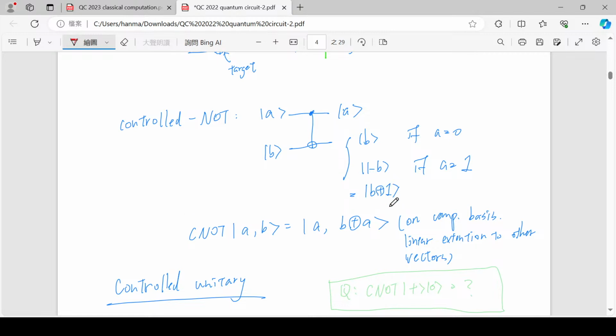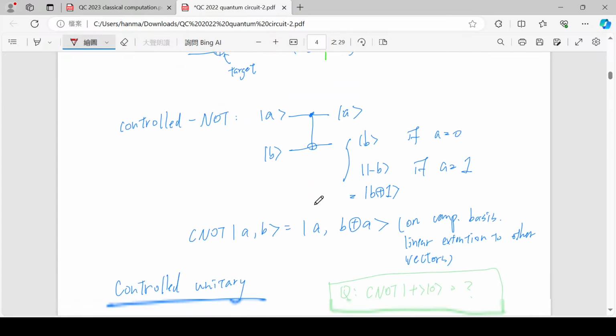So this circle plus is XOR, and so this basically means plus mod 2. Okay. So B plus 1 mod 2, and obviously that would be a negation of B.